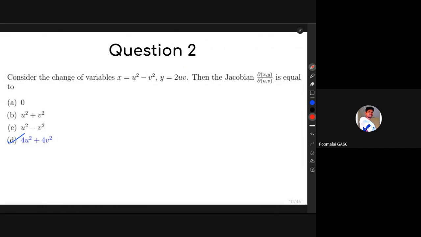If you can do that, then it is a linear change of variable. For example, you cannot represent this change of variable as a matrix multiplication. You cannot find a matrix which, if you multiply with uv, gives you u square minus v square, uv. So there is no such matrix.